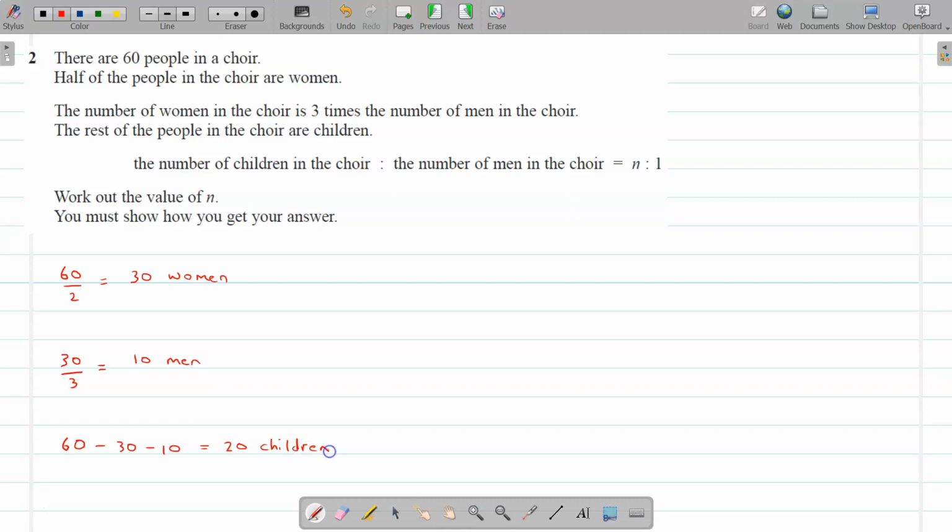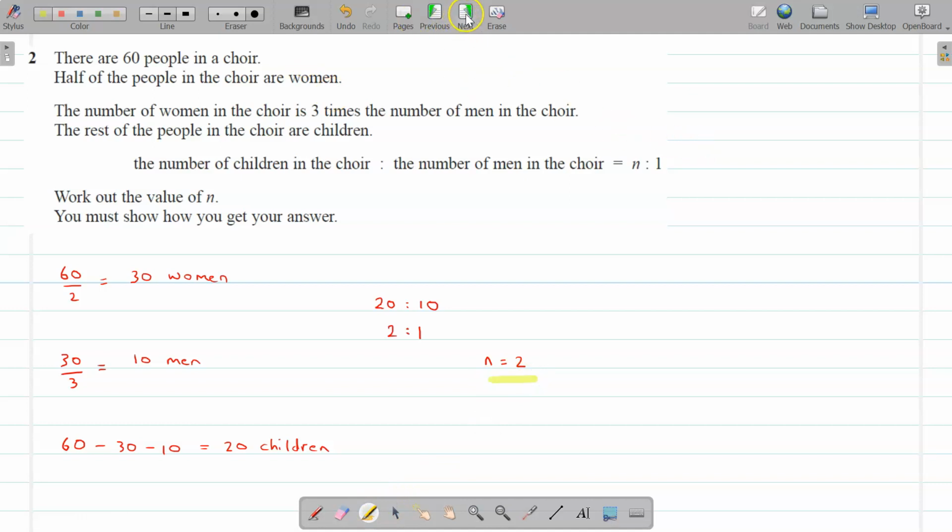Okay, the number of children to the number of men is n to 1. So the children to men is 20 to 10. That's the ratio using my numbers, which is the same as 2 to 1. So if we compare that with n to 1, then we know that n equals 2.